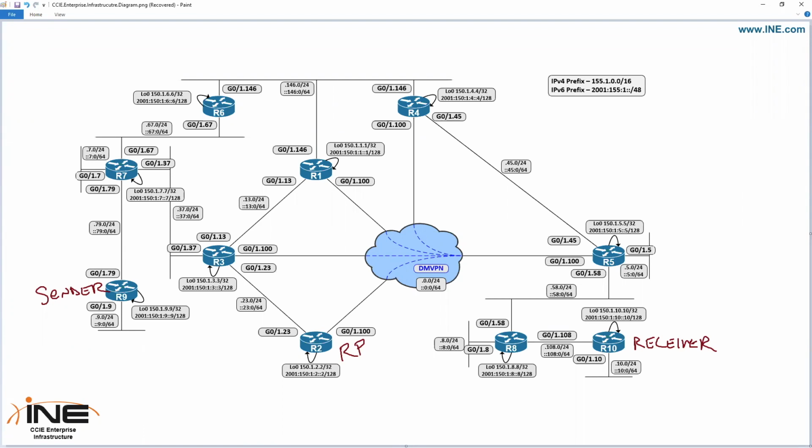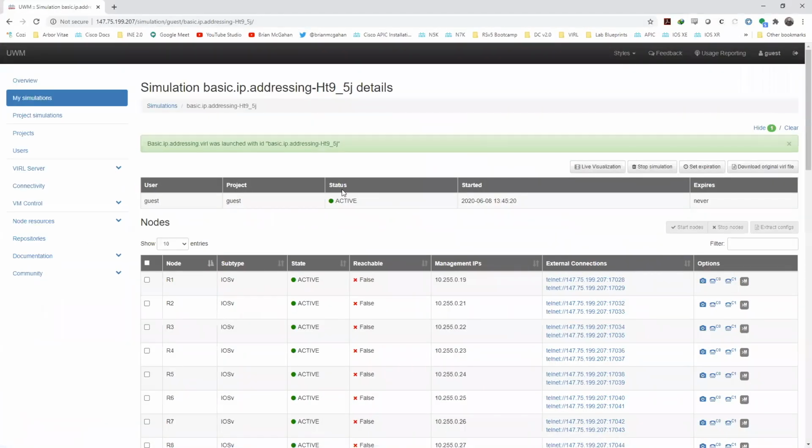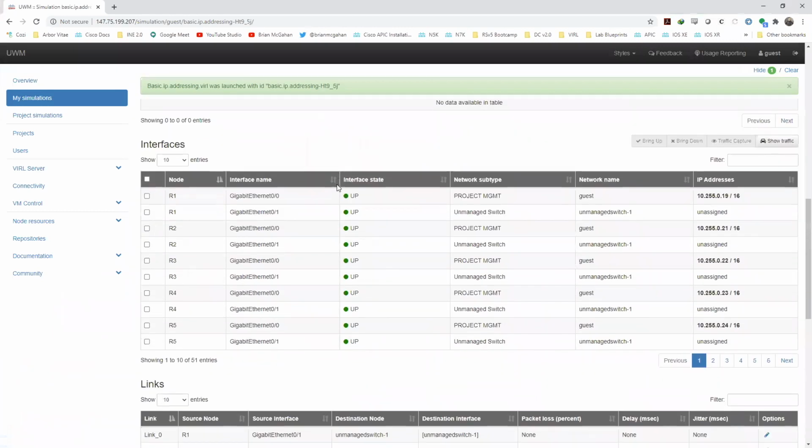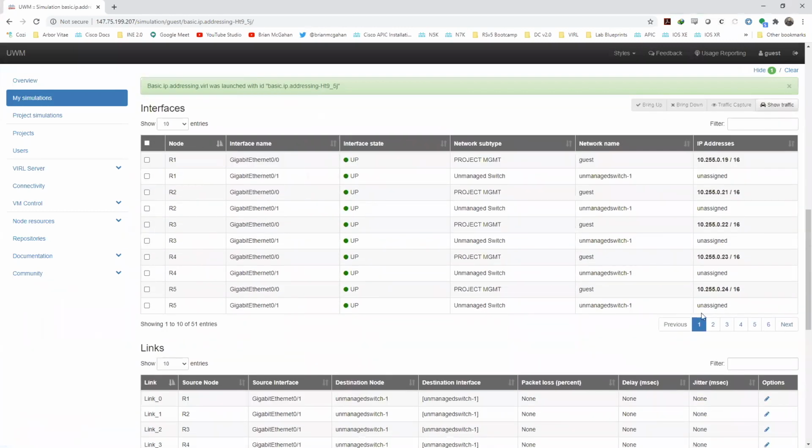Okay, so let's go ahead and do some packet captures on the back end. And we're going to look at the specific messages that PIM is generating when we go to send multicast traffic and when we go to receive multicast traffic. So let me open up my VIRL box, and we're going to go to the interface for router 9 gig 0/0, and we're going to do a traffic capture.